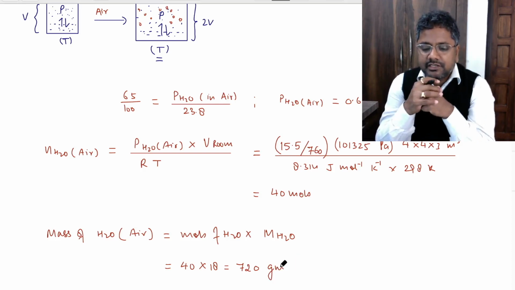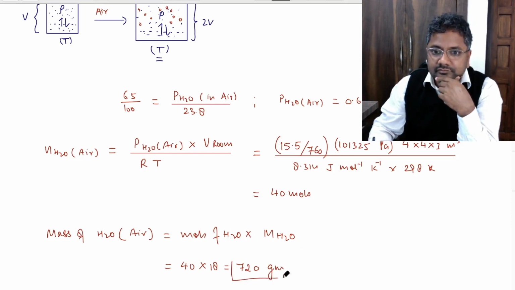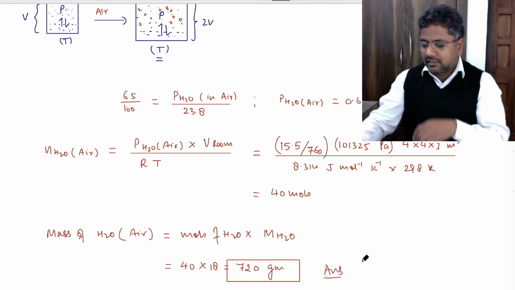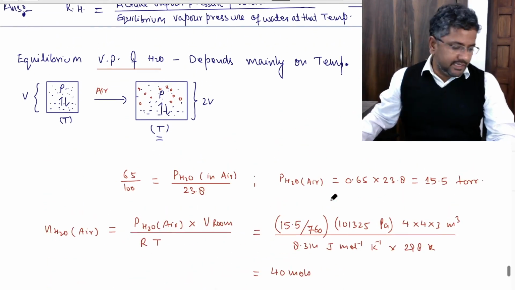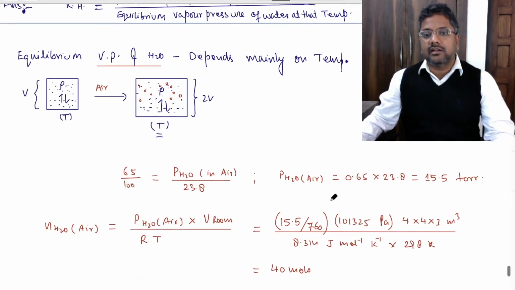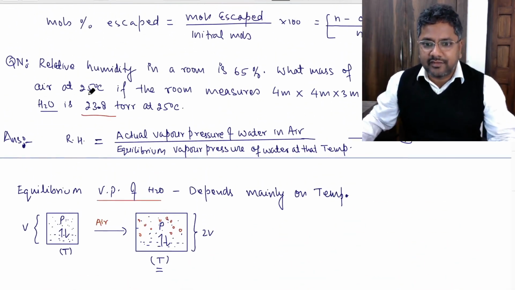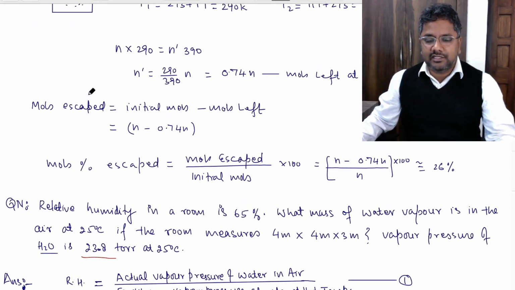Approximately this is 720 gram. That is the answer. In this way, you can calculate what mass of water vapor is present in the air at 25 degrees Celsius.